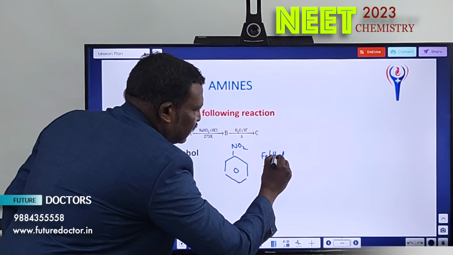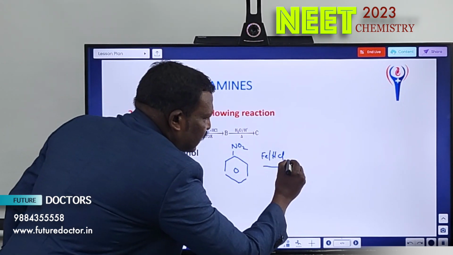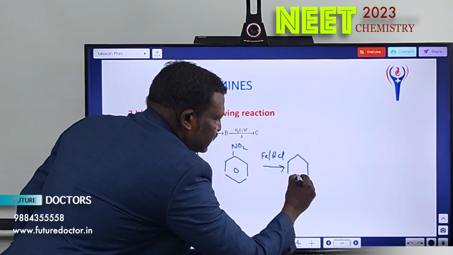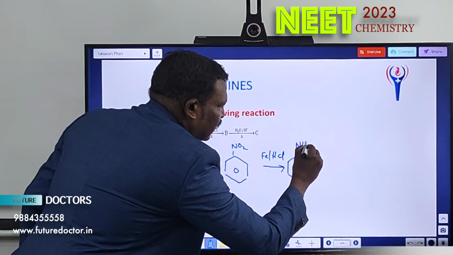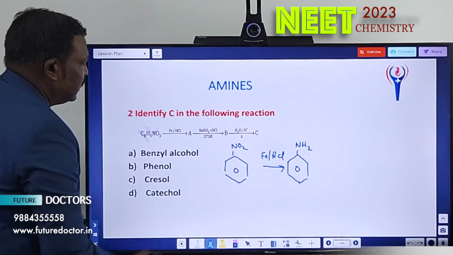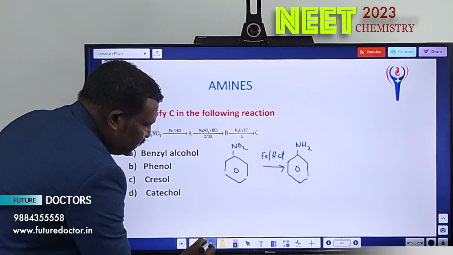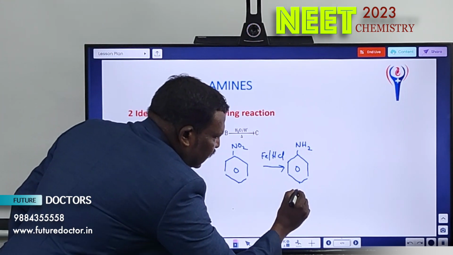It converts NO2 into NH2. That is the role of this reagent. Understood? Then this is compound A.